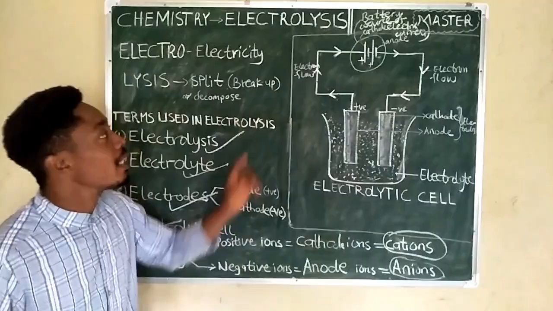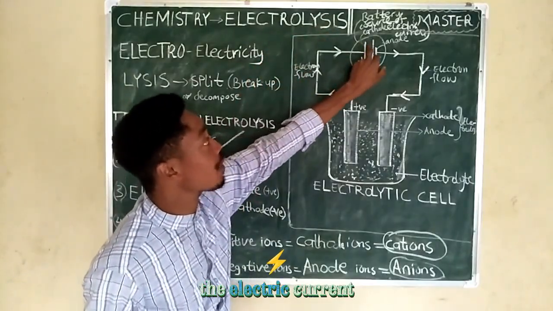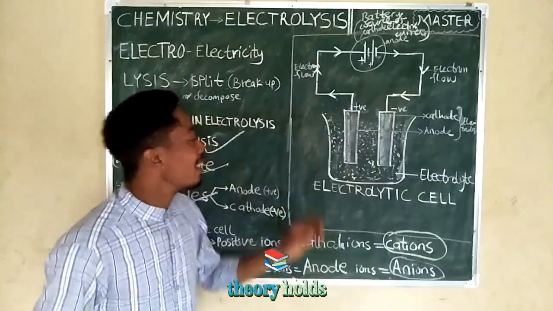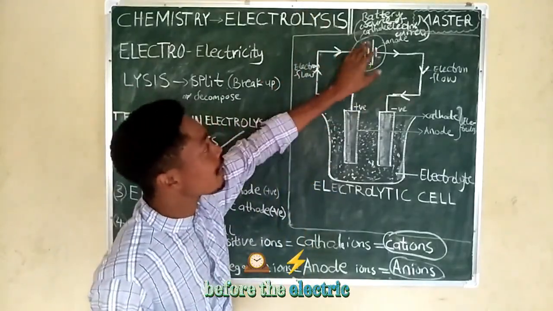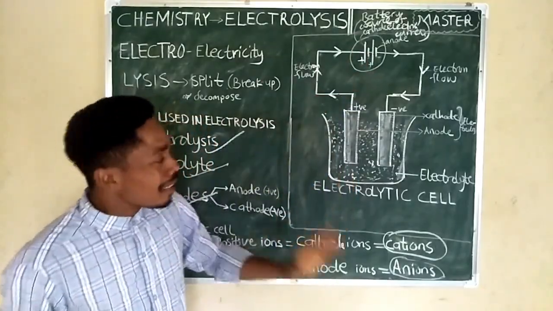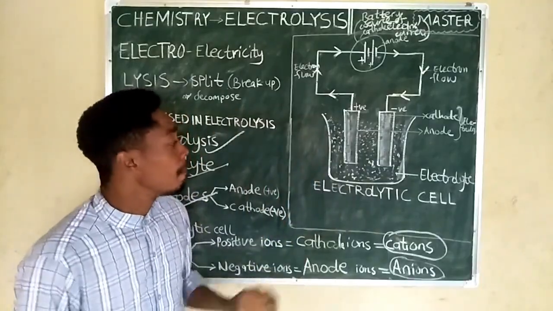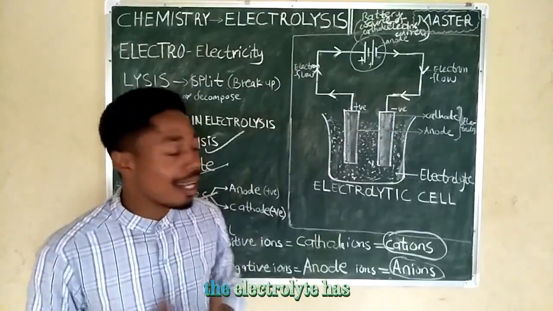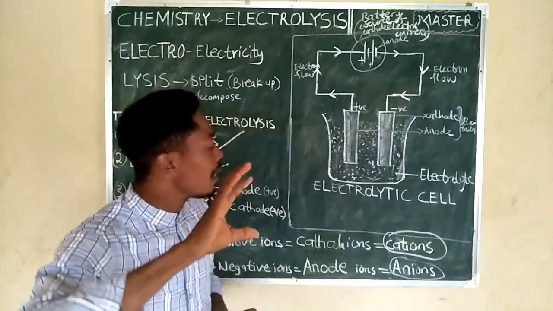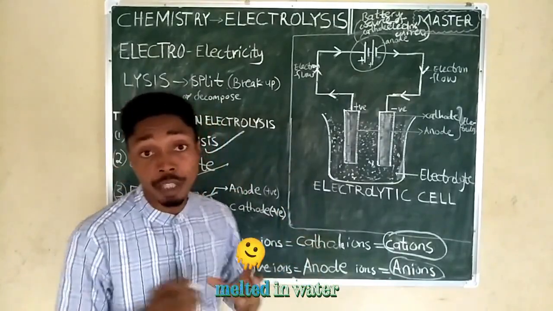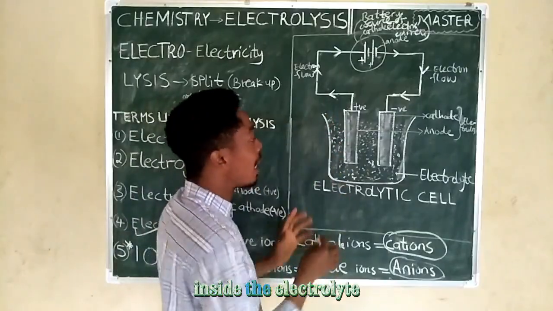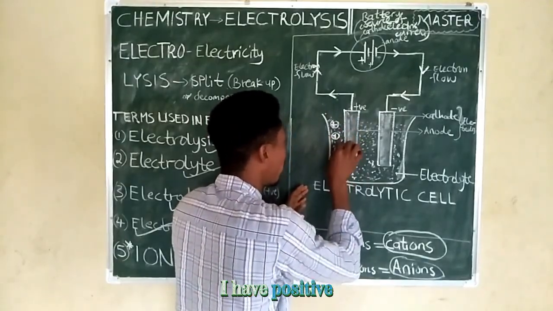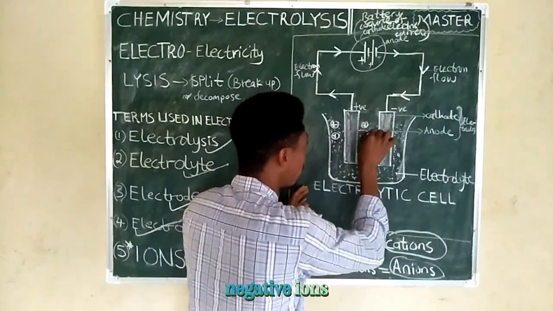According to Arrhenius, even before the electric current has entered the electrolyte, as long as the electrolyte has been made molten, melted or dissolved in water, inside the electrolyte I have positive ions, and I also have negative ions.